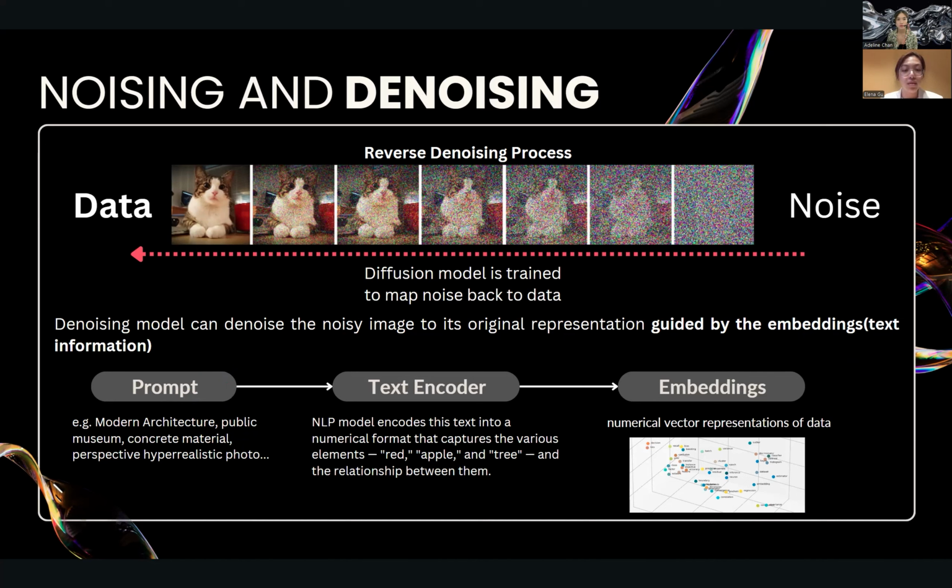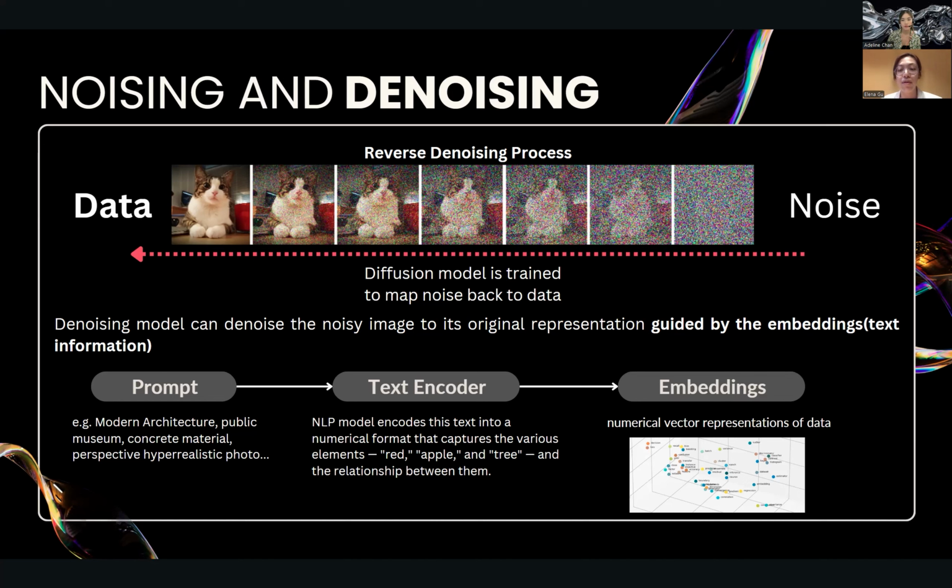Then the prompt goes into a text encoder, which transforms your prompt from text into a numerical vector representation, so it can be understood by the model, by the computer. It's no longer text that can only be understood by human beings, and with further steps, it can be processed into embeddings.